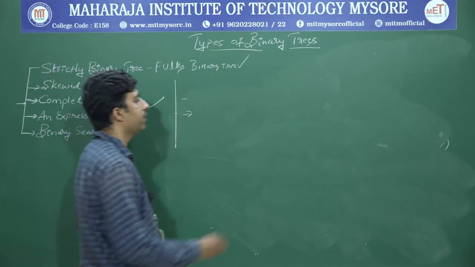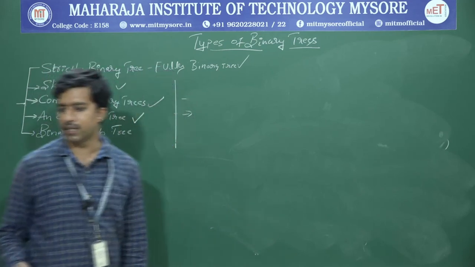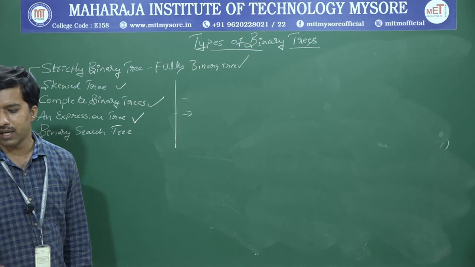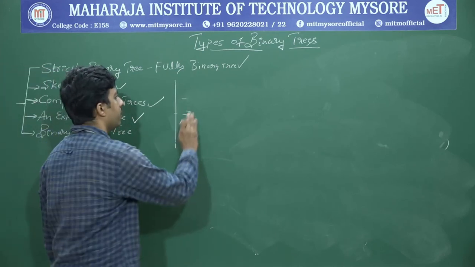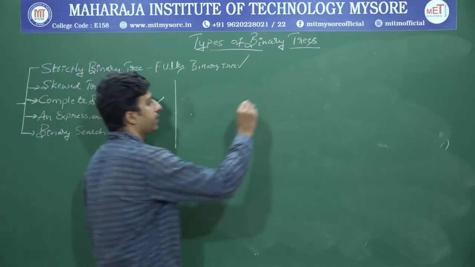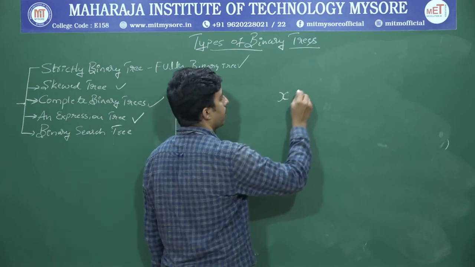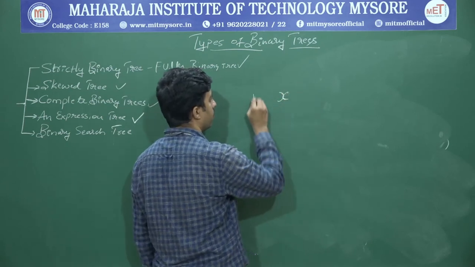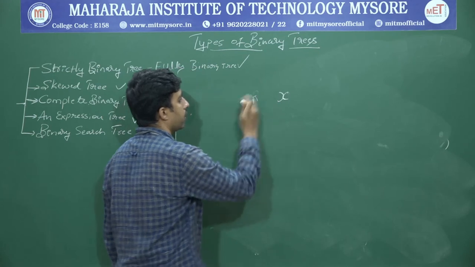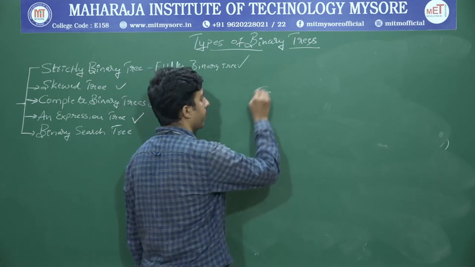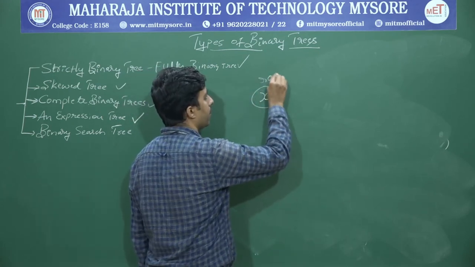What do you mean by that? In the binary search tree, consider each element as x. One element comes as the root. This is my root.